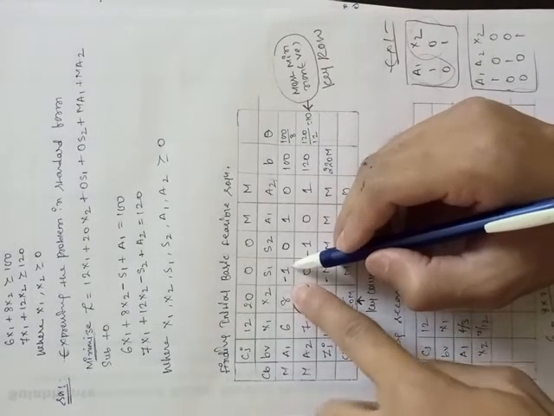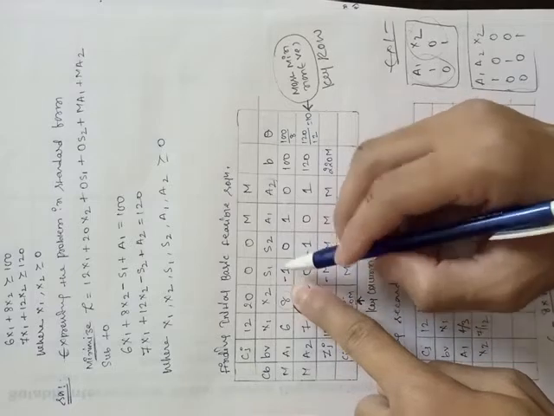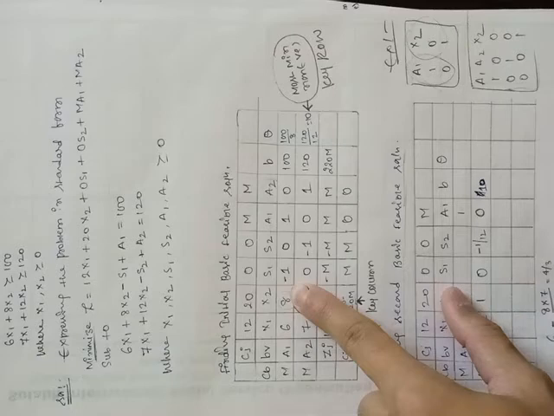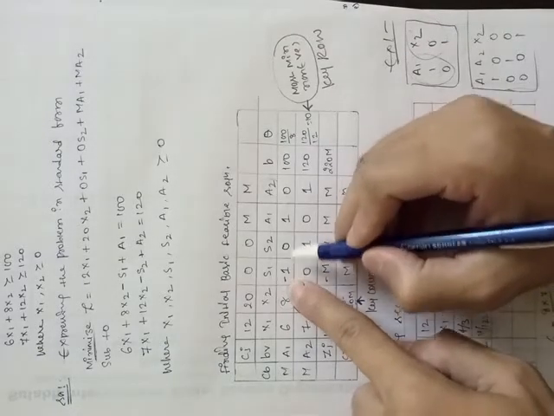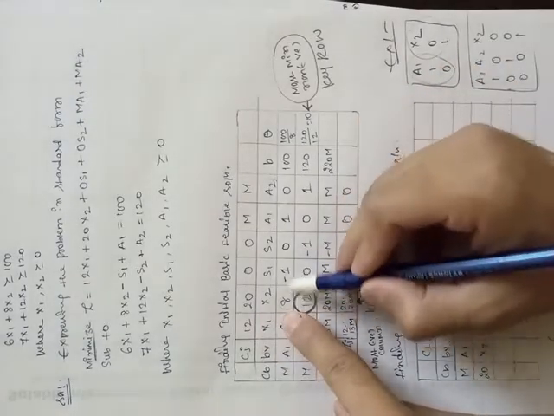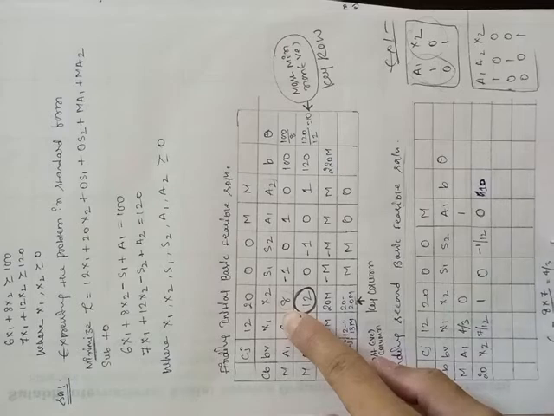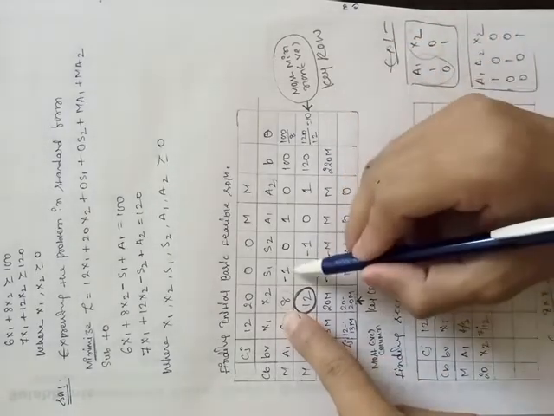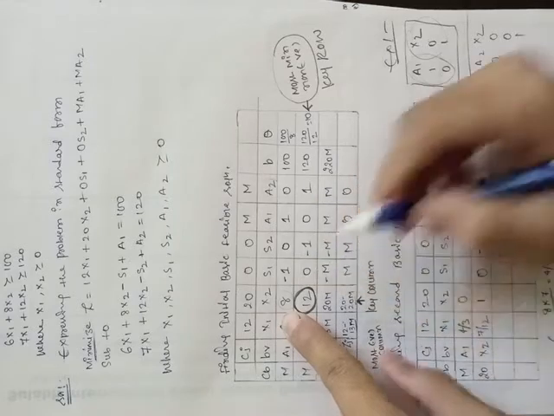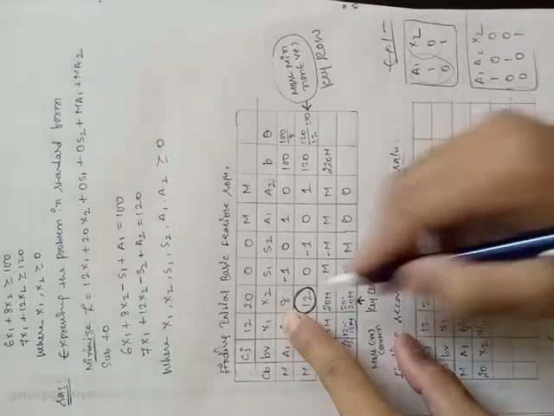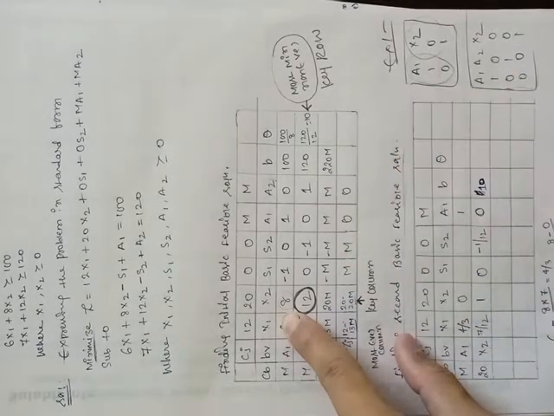For the third block, a1 s1, minus 1, just do here minus 1 minus the corresponding key column value, minus the corresponding key row value, that is 0, divided by the key element, that is 12.